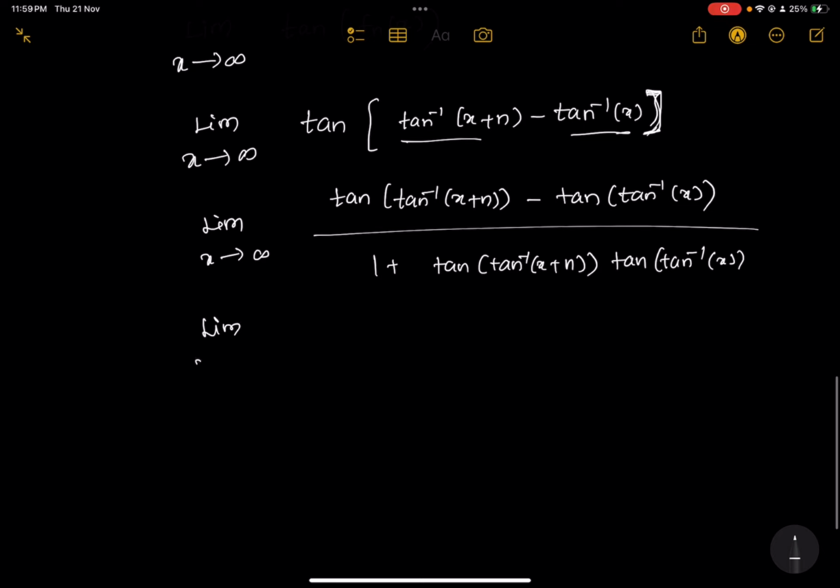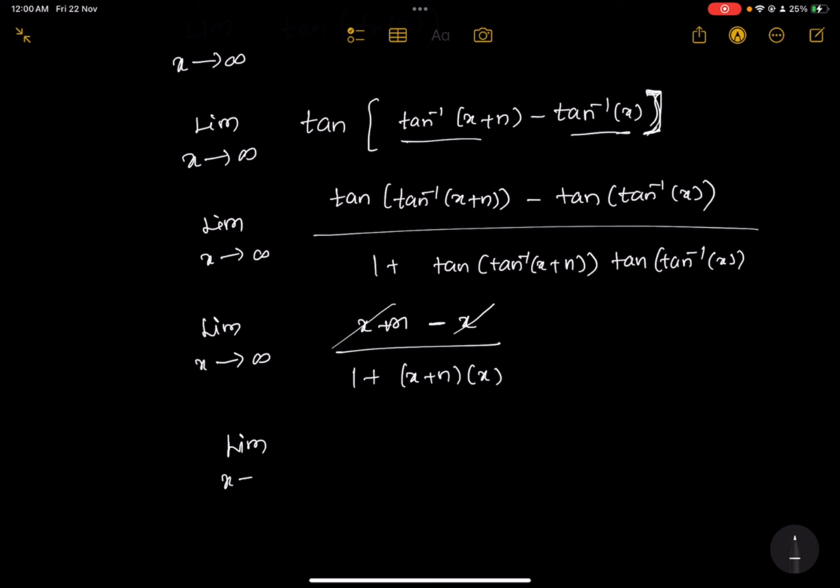So limit x tends to infinity, this is x plus n. The interval is the principal interval, it is given in the question. And this is x by 1 plus x plus n into x. This x gets cancelled. So limit x tends to infinity, n by x square plus nx plus 1.